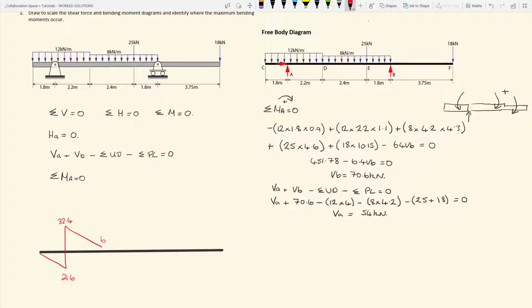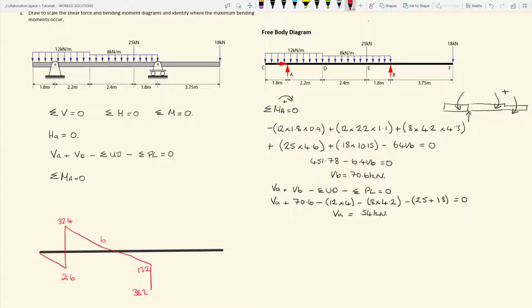Now if we consider the first portion of the 8 kilonewton per meter load, up to the 25 kilonewton point load, we lose 8 kilonewtons per meter over that first 2.4 meters. That gives a value of 13.2 kilonewtons. Now we have the vertical action associated with the point load, which goes 25 kilonewtons straight down. That gives us a value of 38.2.